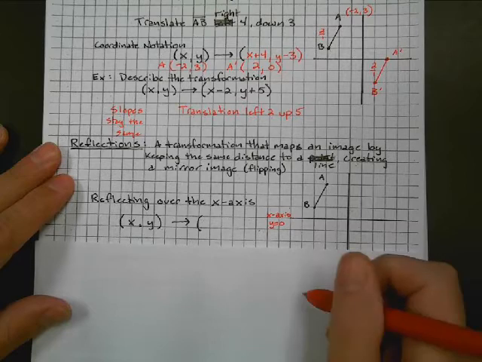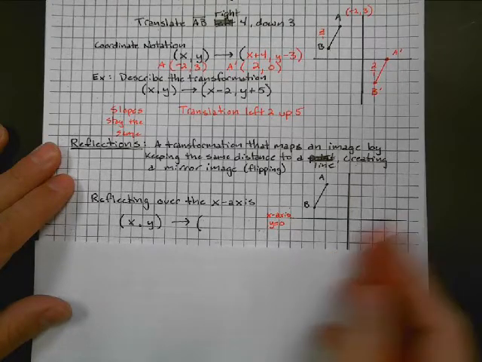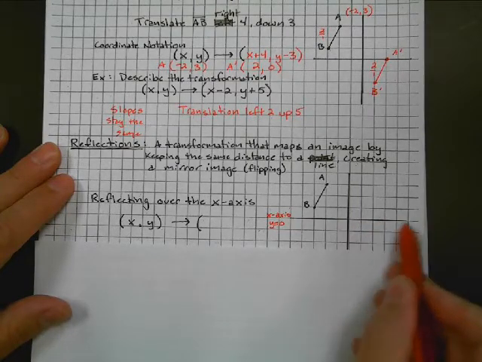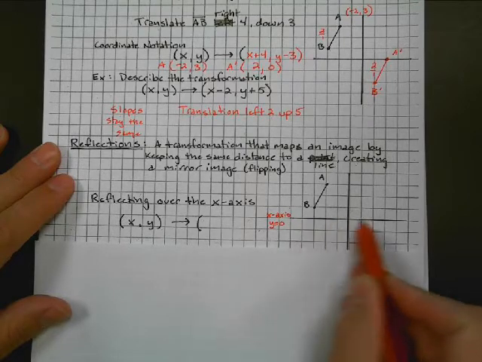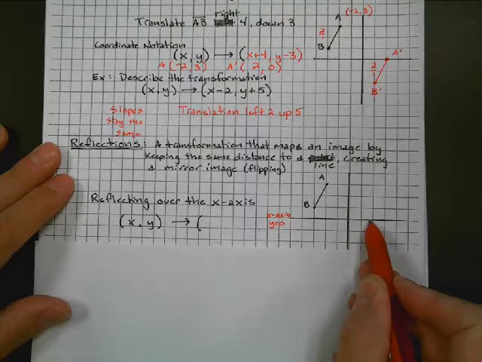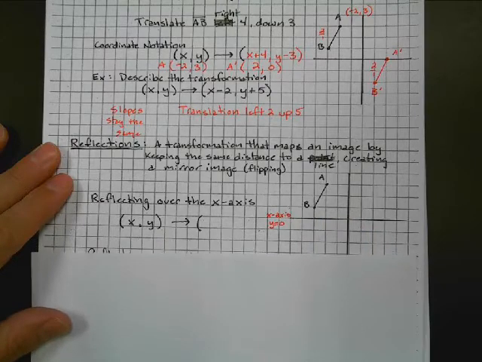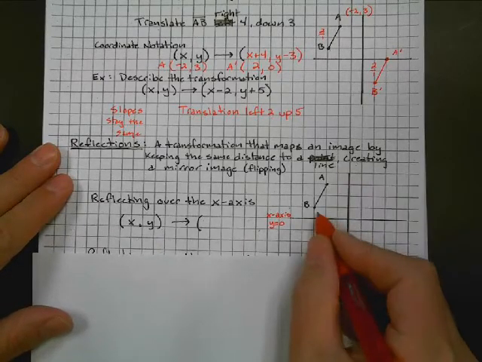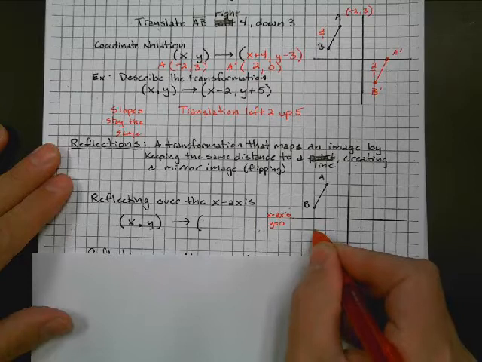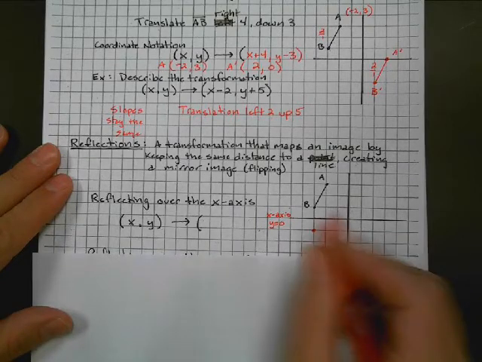Okay, so I'm going to reflect over the x-axis. Now, when you reflect, you keep the same distance to the x-axis. So point B is a distance of 1 away from the x-axis. So if I wanted to reflect it over the x-axis, I would go 1 unit away from the x-axis over here, and this would be B prime.